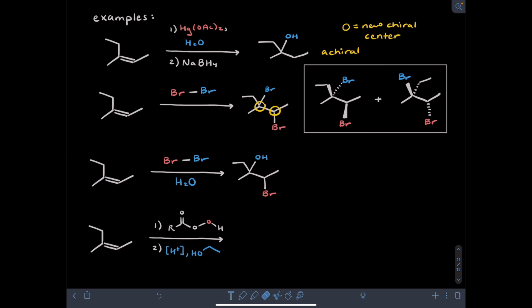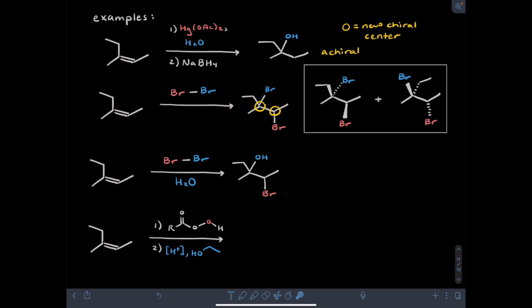In the case of the reaction with Br2 in the presence of water, you would form a cyclic three-membered ring with a cationic bromine and then you would bring in the nucleophilic water molecule to the more substituted carbon of the three-membered ring.